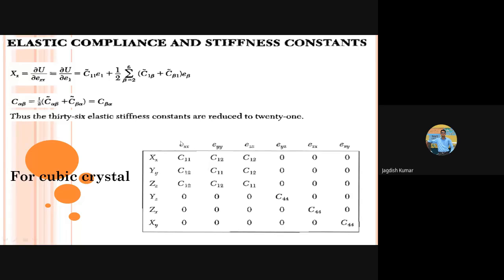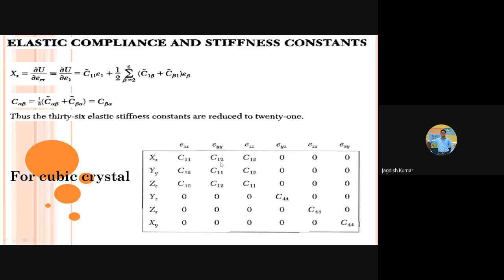C11, C22, C33 will all be equal. Why so? Because of cubic symmetry. Whether for a cube you look along the X direction or Y direction or Z direction, all will be the same. So on a simple cubic crystal, whether you apply force along the X, Y or Z direction, things are going to look exactly the same. That's another way of looking at it.